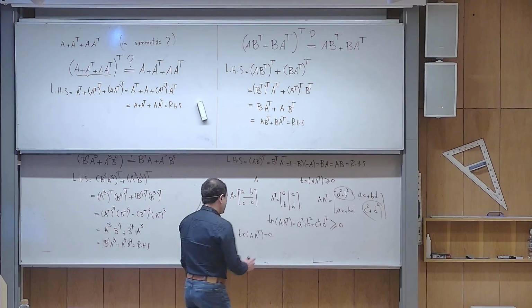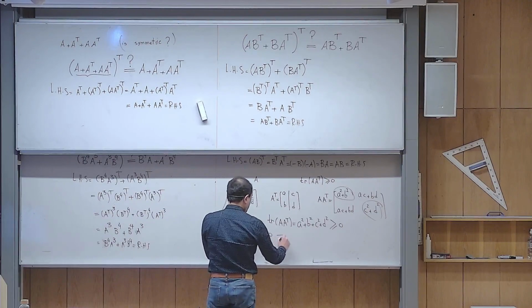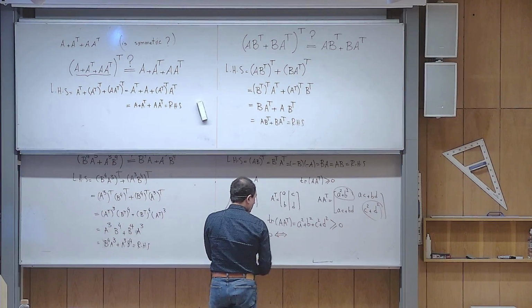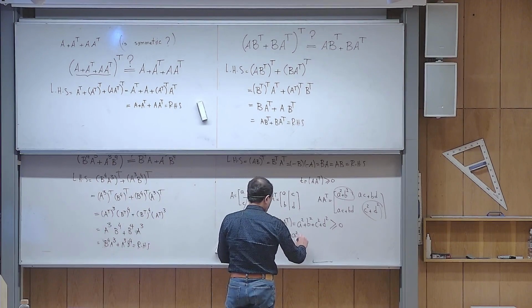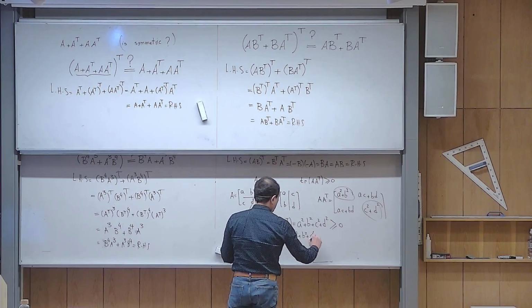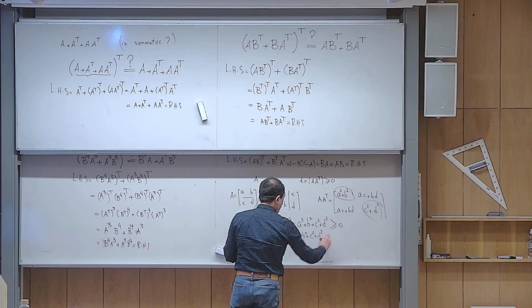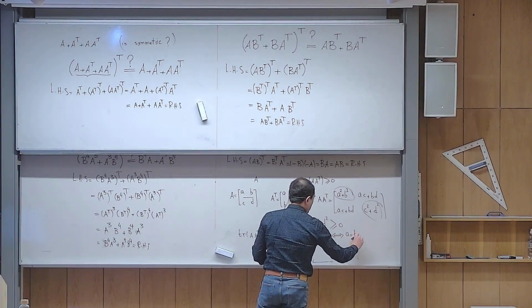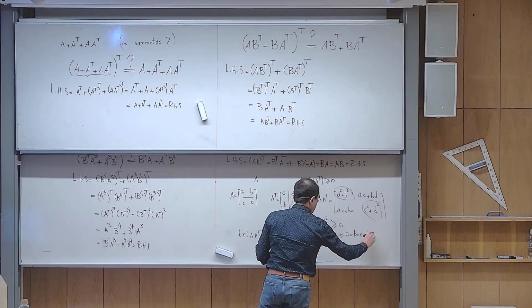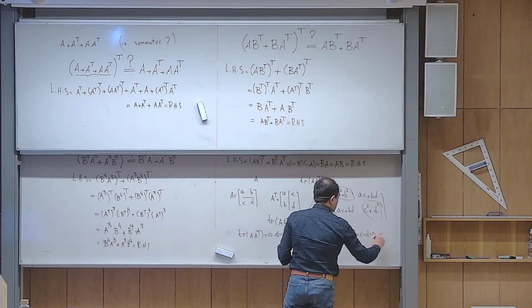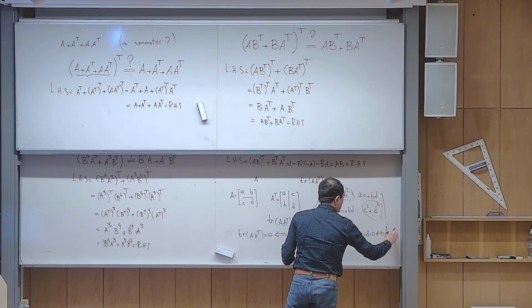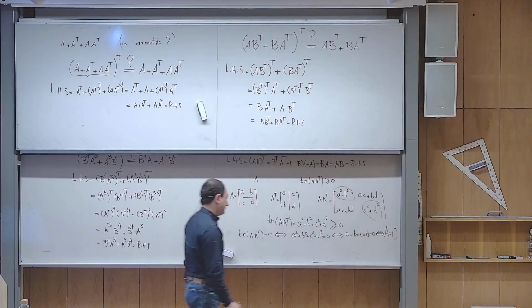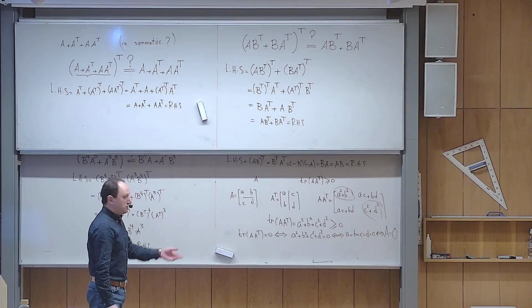So it is clear that the trace of this is zero if and only if A squared plus B squared plus C squared plus D squared is zero, if and only if A equals B equals C equals D equals zero, and this means if and only if the matrix is actually the zero matrix. So by the way, this is not a hard problem.